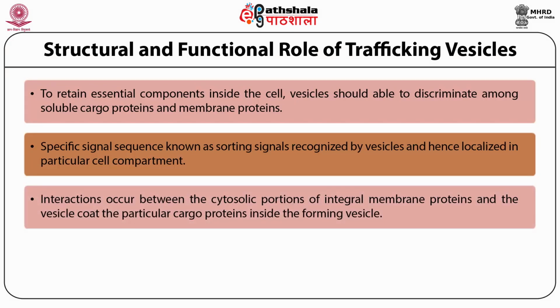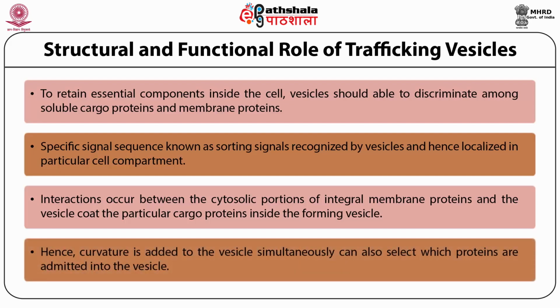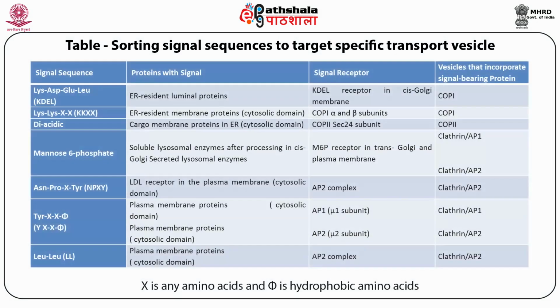Interactions occur between the cytosolic portions of integral membrane proteins and the vesicle coat, selecting the particular cargo protein inside the forming vesicle. Hence, curvature is added to the vesicle, and simultaneously the vesicle can also select which proteins are admitted into it.